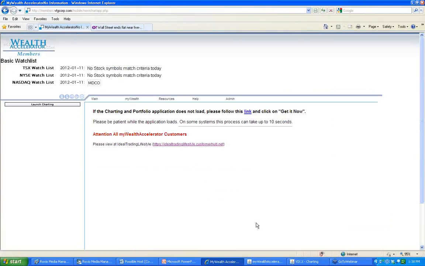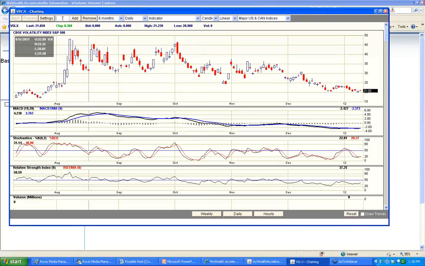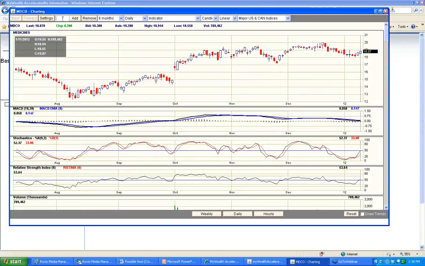All right, so we do have MDCO. We've got a white candle. We've got a black line which has not crossed through the blue line yet.